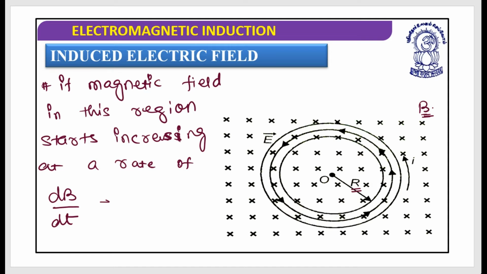So if the magnetic field is increasing, that means even the flux is going to change. That could be written as d phi by dt. Now this is the situation for induced electric field. I hope this is clear.